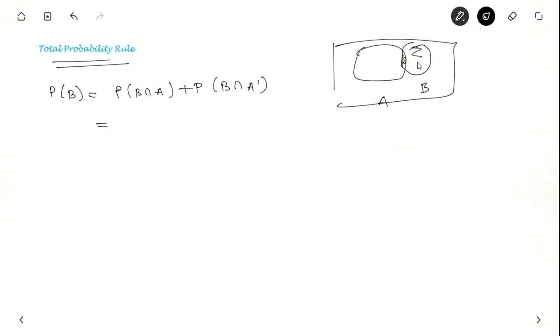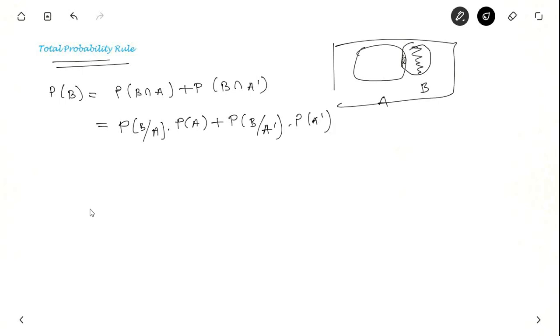That gives the probability of B. This can be represented in conditional probability as the probability of B given A into the probability of A, plus the probability of B given A dash into the probability of A dash.